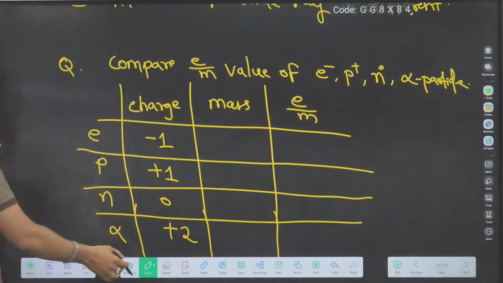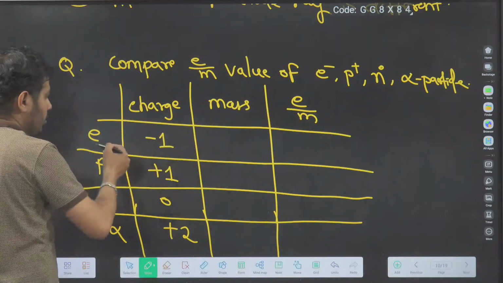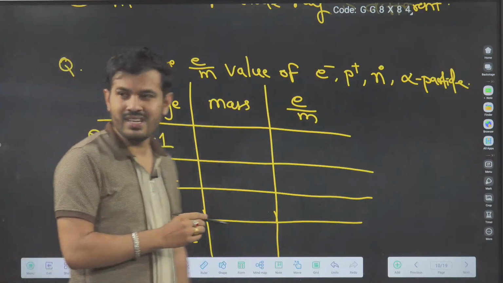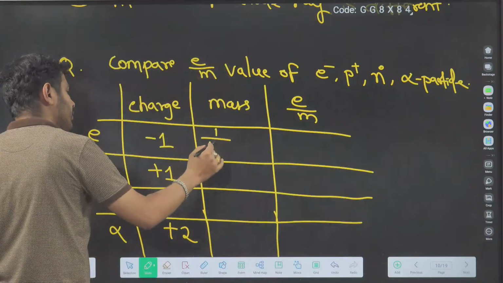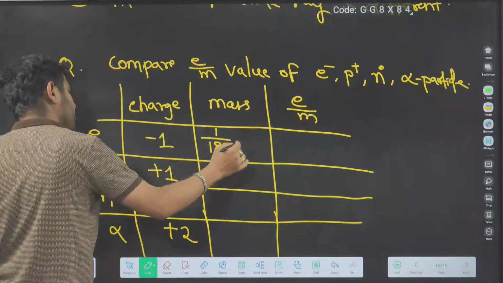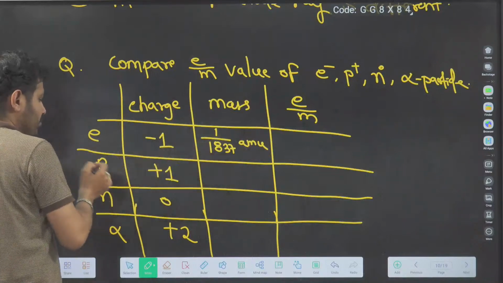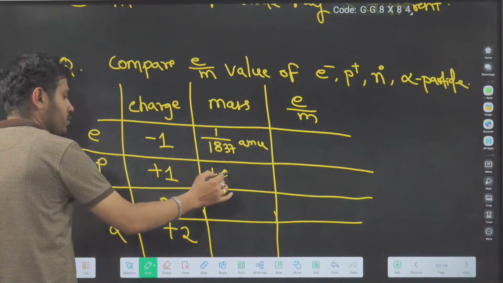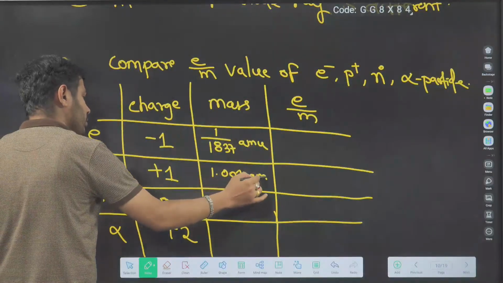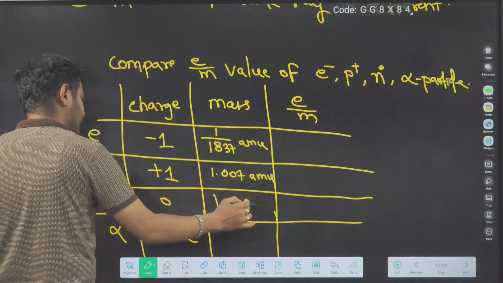These are the charges. What are the mass values? Mass of electron is 1/1837 AMU. In terms of AMU, the mass of proton is 1.007 AMU and neutron is 1.008 AMU.